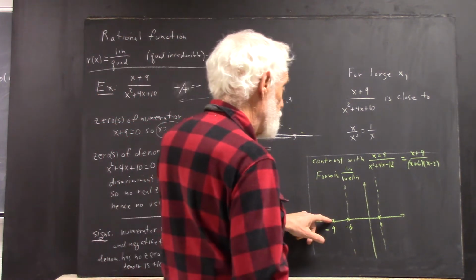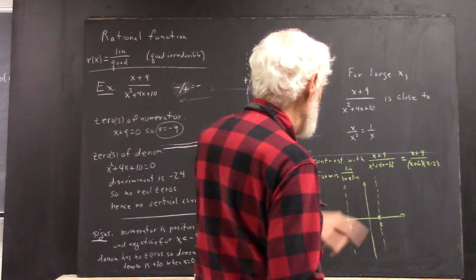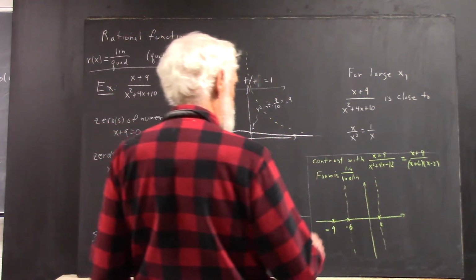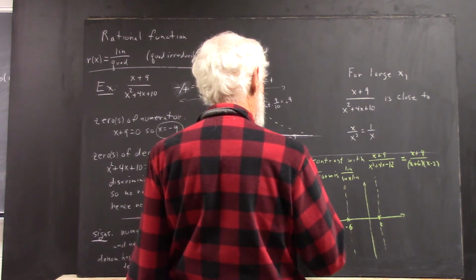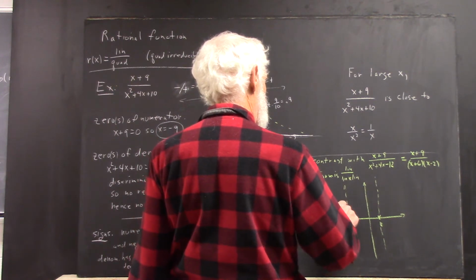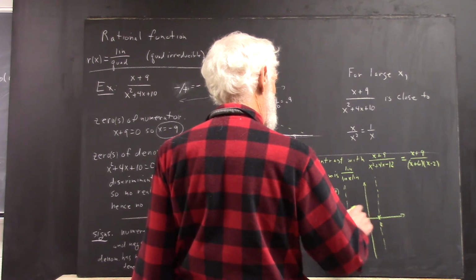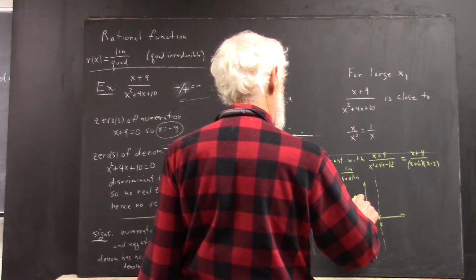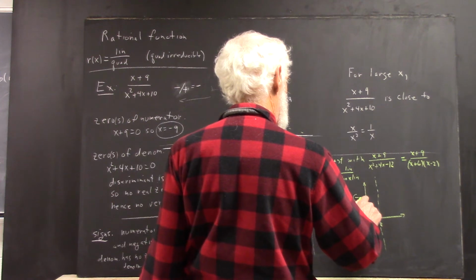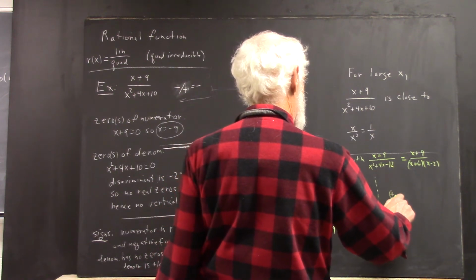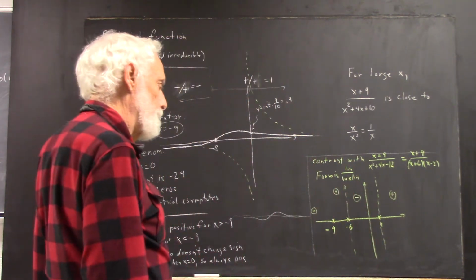So the graph has to go through this point, it has to have asymptotes here and here. You check the signs, and you'll find that the sign is negative over here, positive here, negative here, and positive here.